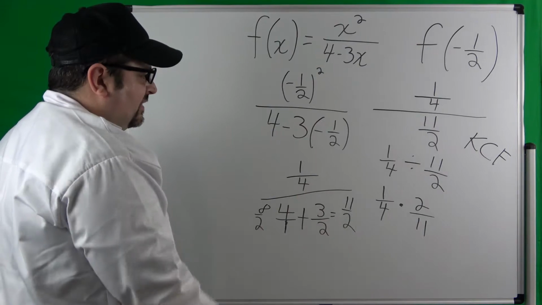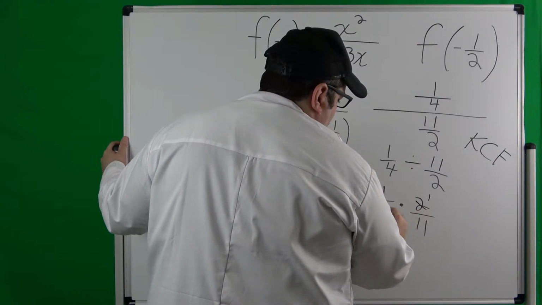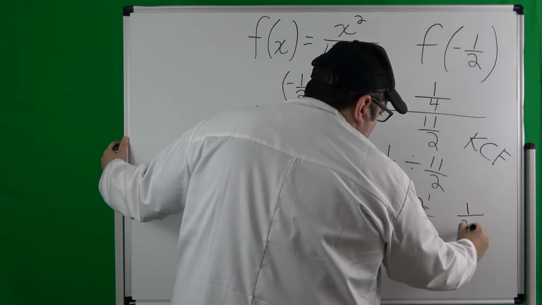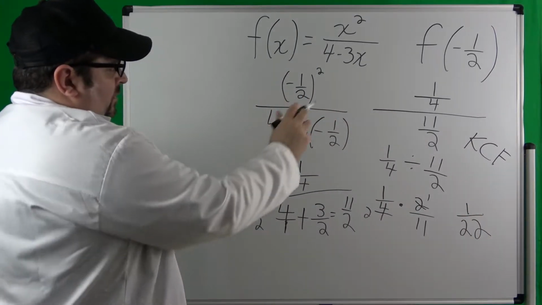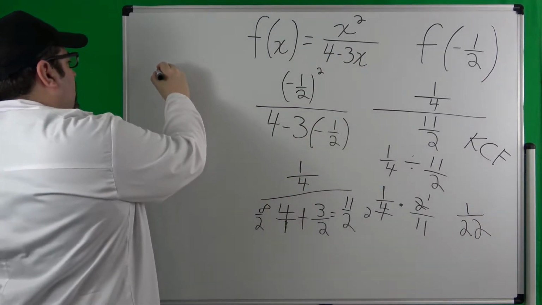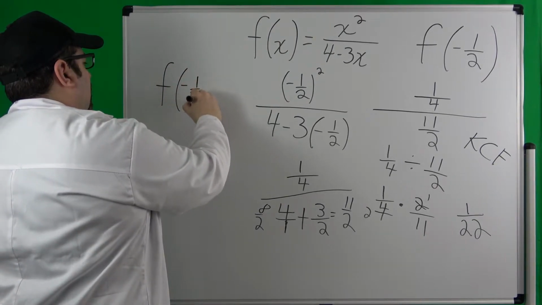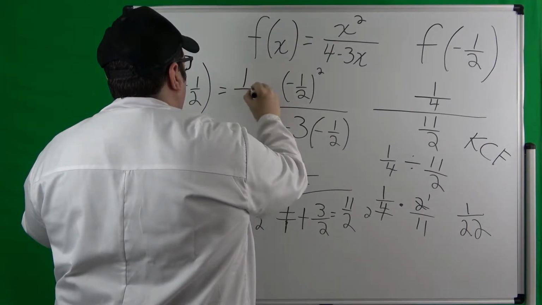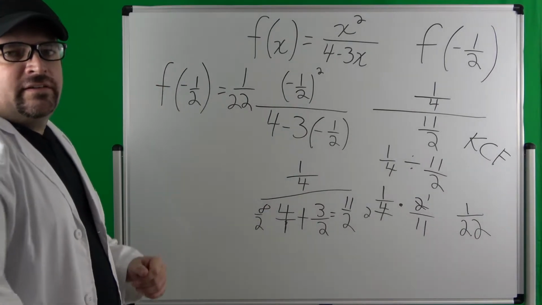Okay, now let's just simplify. Well, you can cross cancel these. 1, that's 2. We have 1 over 22. So f of negative 1/2 equals 1 over 22. All right, there we go.